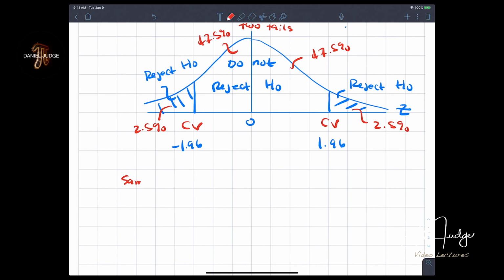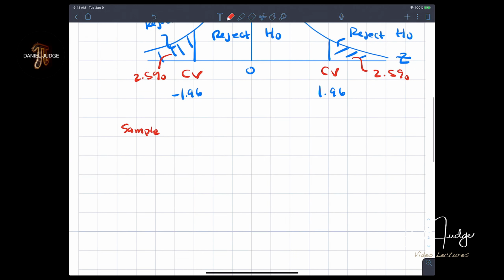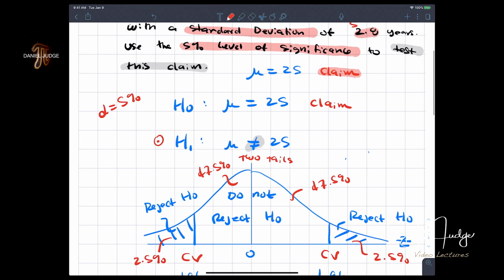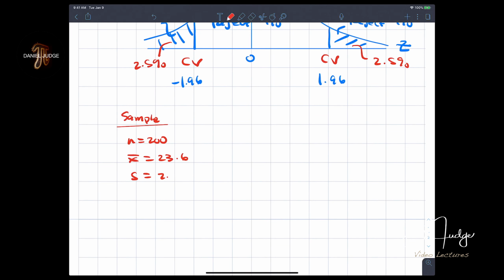So I'm going to write this down. My size was 200. The sample mean was 23.6. The sample standard deviation they gave us was 2.8. All right, so that's taking a sample.